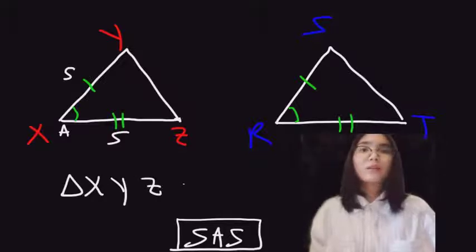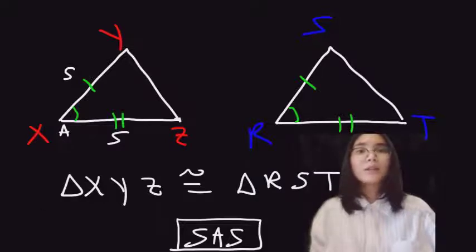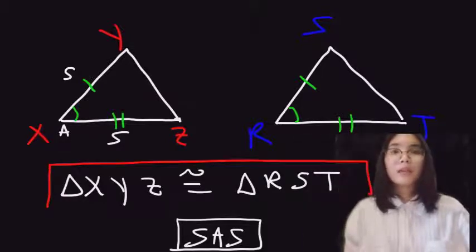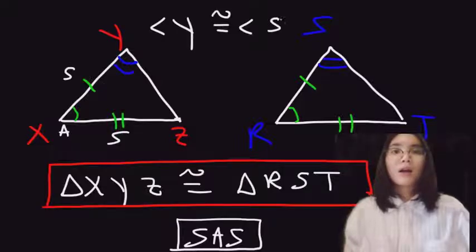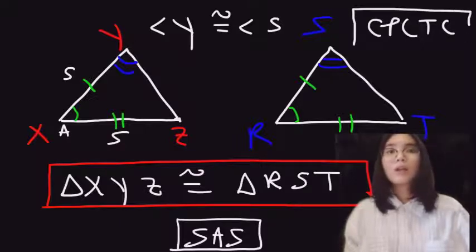Now let's look at another example, but let's use different letters. Let's call this triangle XYZ, and let's call this triangle RST. And let's say that segment XY is congruent to RS, segment XZ is congruent to RT, and angle X is congruent to angle R. What postulate can we use to prove that these two triangles are congruent?